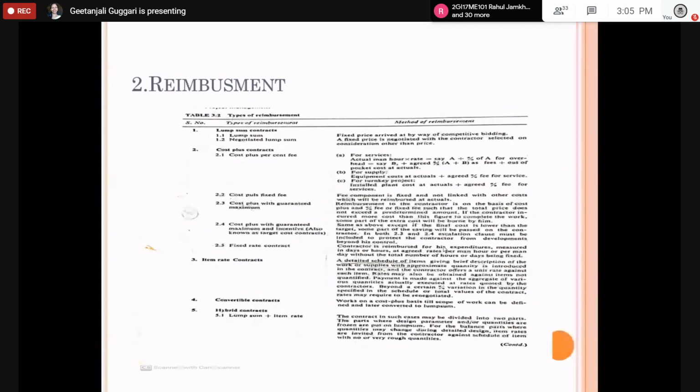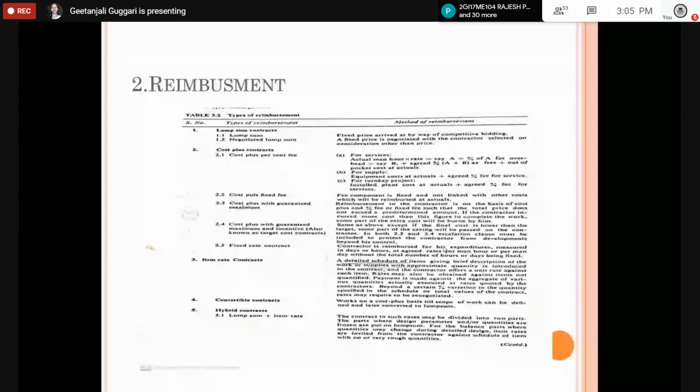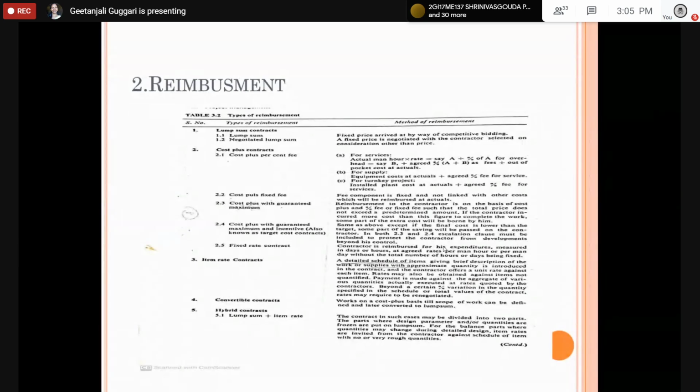So it depends on how many machines he is erecting, and negotiation will be done based on that. Also what material he is supplying. So they are fixing some negotiable fixed price based on the number of items he is supplying.